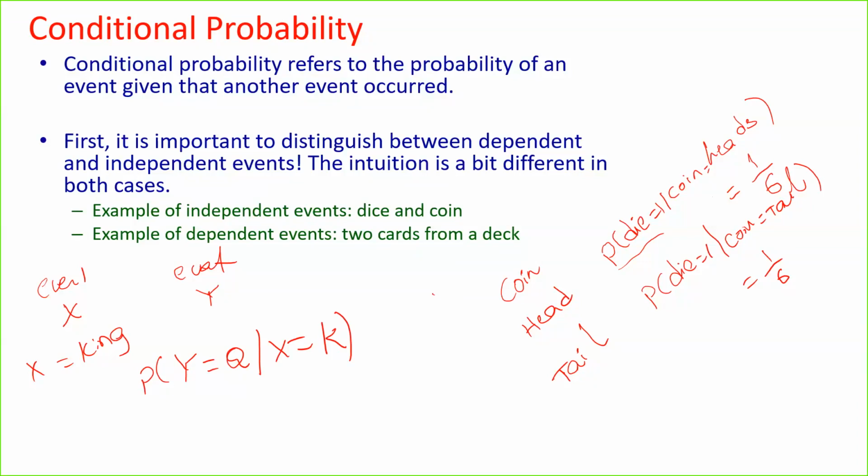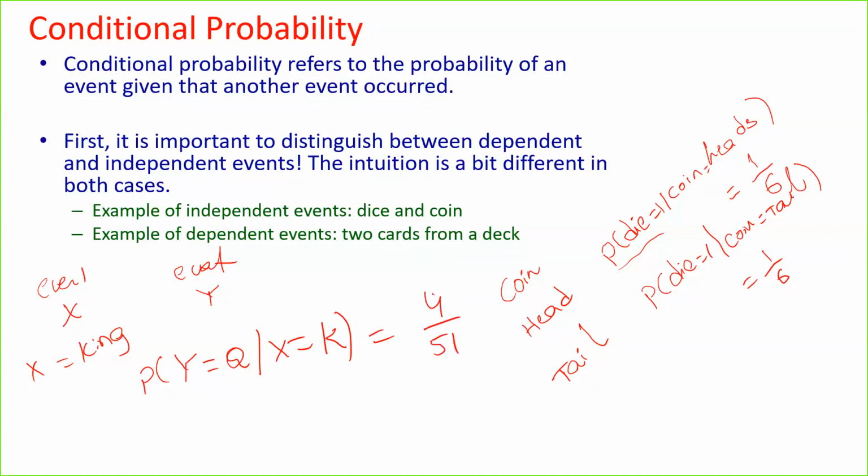Total 52, so you're left with 51 cards. Out of that, how many queens are there? 4, because the card picked is the king, not queen, right? So 4 by 51.